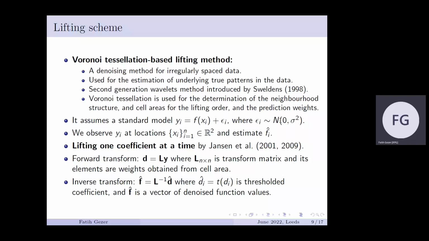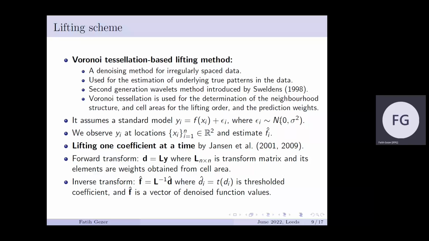If you are familiar with the wavelet methods, this method is related, and the background of lifting is built upon wavelets, but it relaxes some of the features of the wavelet methods. So it's called a second generation wavelet method. And we use the Voronoi tessellation in the lifting method to determine the neighborhood structure of the points, the lifting order, and the prediction weights when we are computing the estimates.